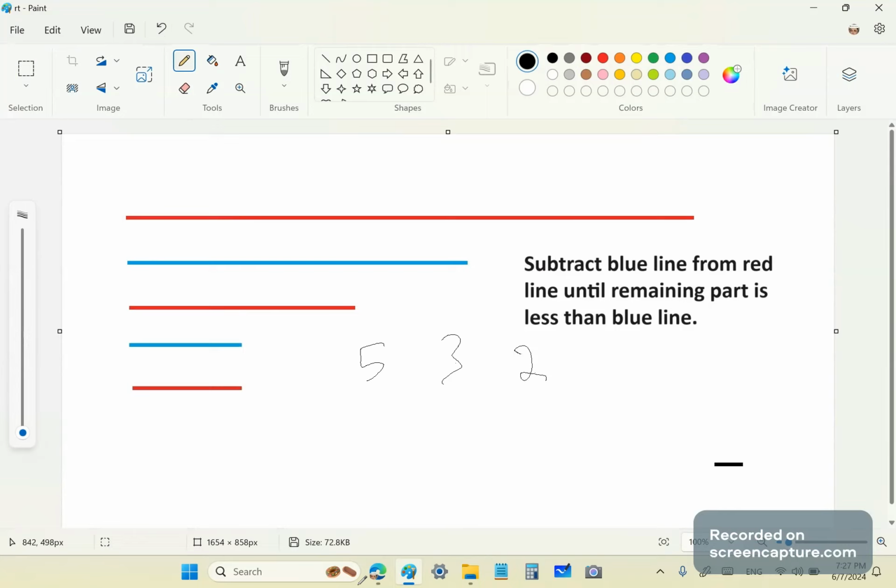Subtracting 2 from 3 is 1. So 1 measures 2 exactly, meaning that 1 is the greatest common divisor. And if, of course, this were actually 4, then we would have 20 and 12, and we would say 20, 12, 8, 4, right? And 4 measures 8, and we found the greatest common divisor.